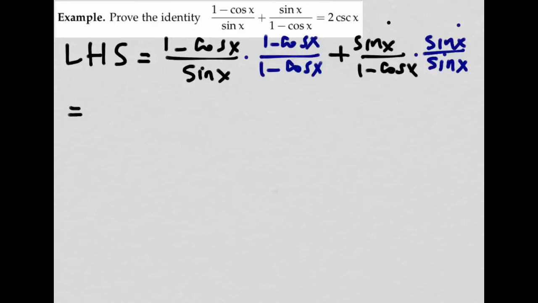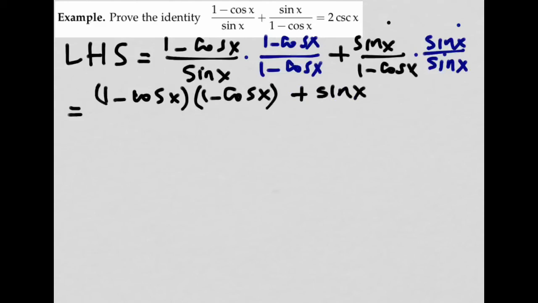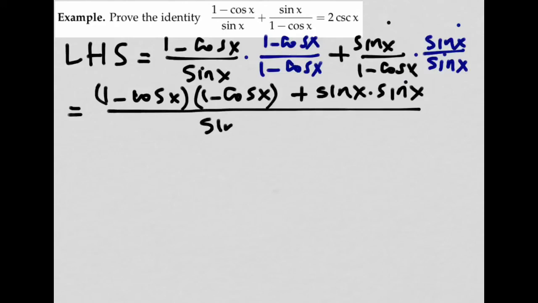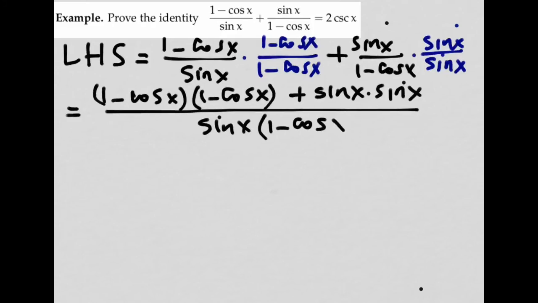So we'll have (1 minus cosine x)(1 minus cosine x) plus sine x times sine x over sine x times (1 minus cosine x).